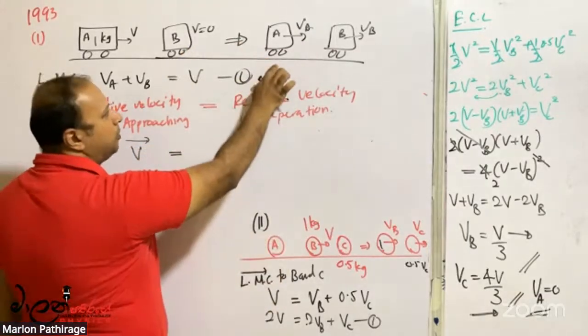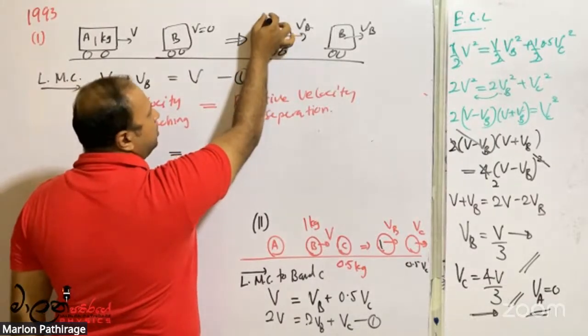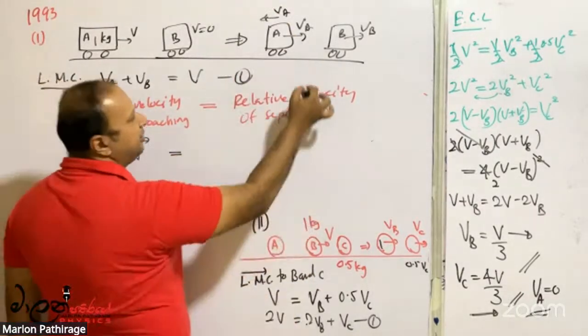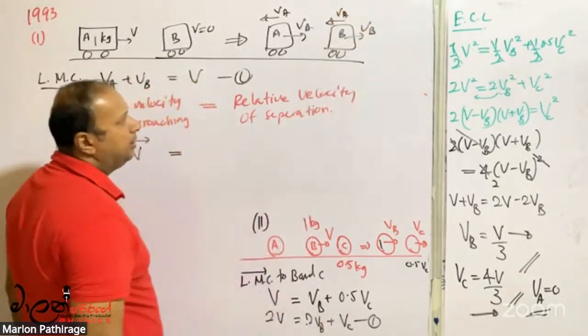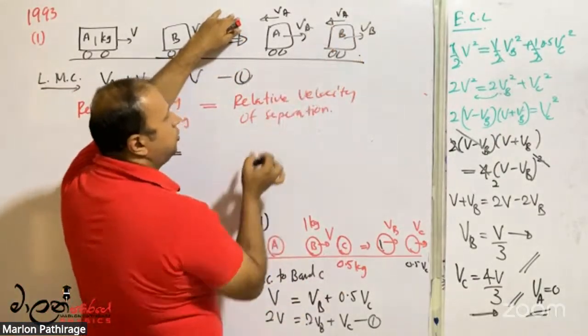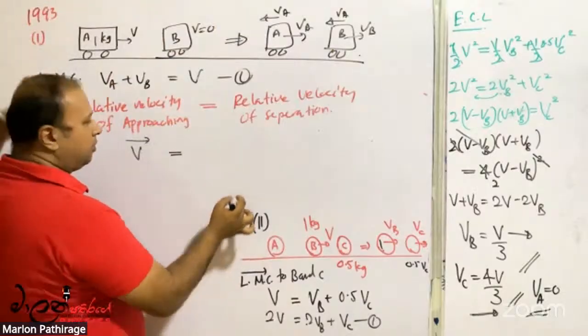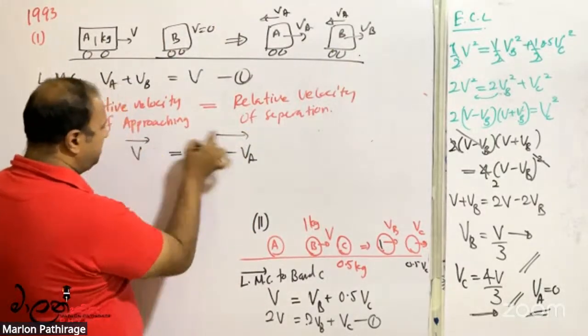So if you stop A, you have to put VA to this side. Then the same thing should be done to B with A. Therefore, relative velocity of B with respect to A is equal to VB minus VA into this side, same side.